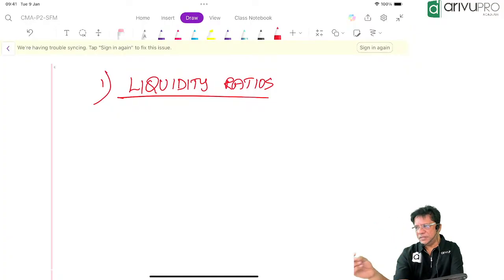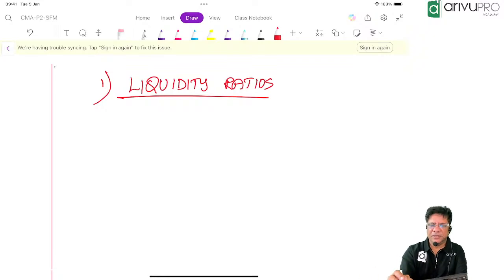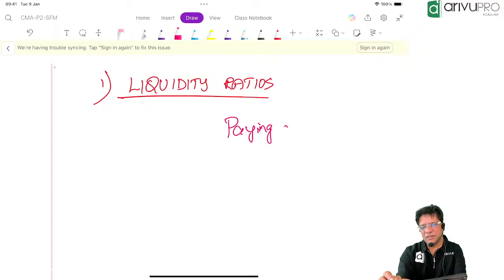First of all, when you see these 5 ratios, these ratios measure the short-term paying ability of the business.